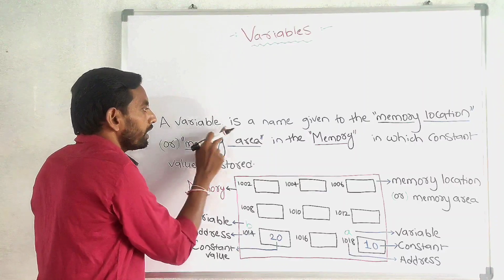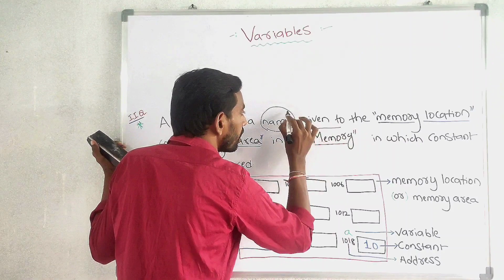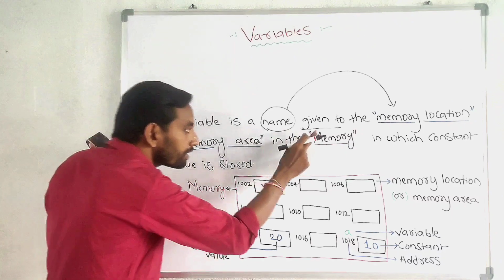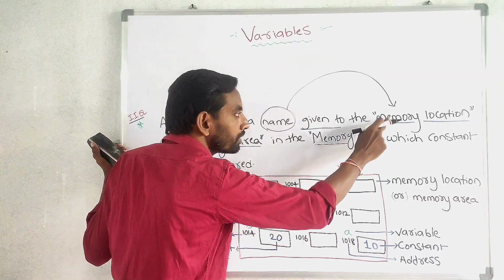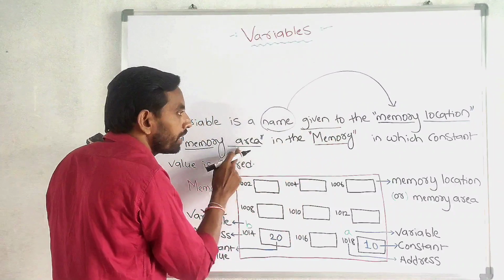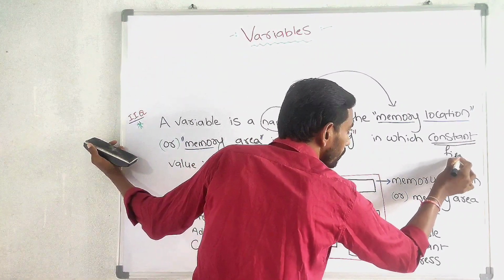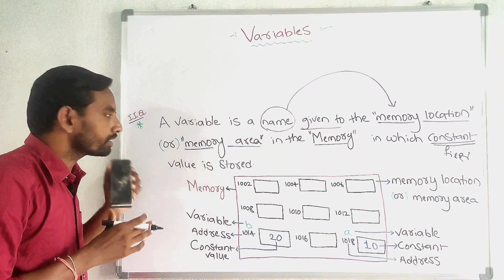A variable is a name given to the memory location or memory area inside the memory in which, means in the memory location or memory area, a constant value or fixed value is stored. Listen once again carefully.